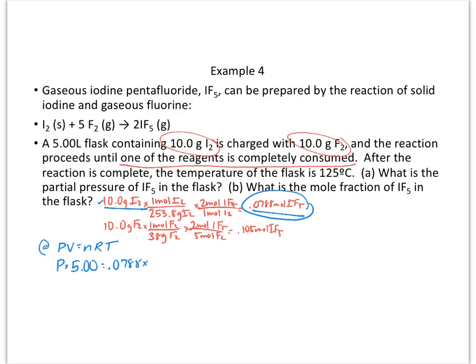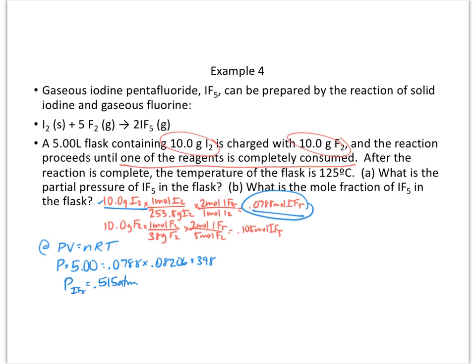The R value, it doesn't give me a specific unit for pressure. In my work, I solved it using atmospheres, so I'm going to use the R value that has atmospheres in it. My temperature of 125 is 398 Kelvin. Remember to convert those. So the pressure of the IF5 is equal to 0.515 atmospheres.